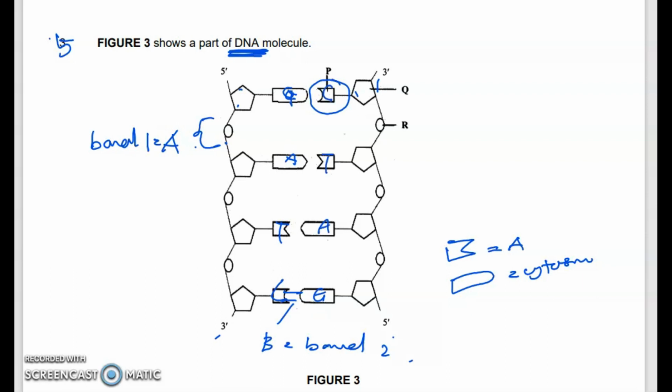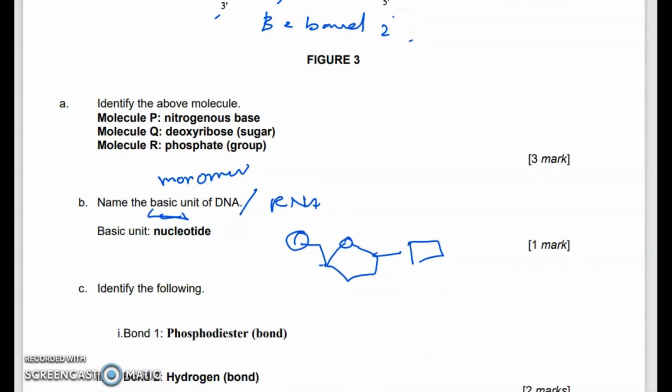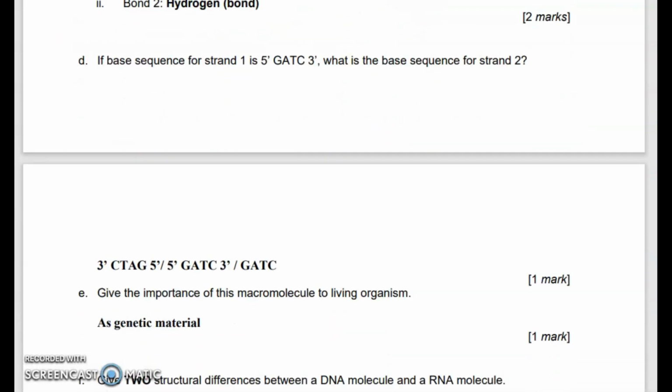So salin balik. Sama ada kamu nak kata 3 prime CTAG 5 prime or 5 prime GATC 3 prime. Boleh, tak ada masalah. Dua-dua tu kita boleh terima pakai.